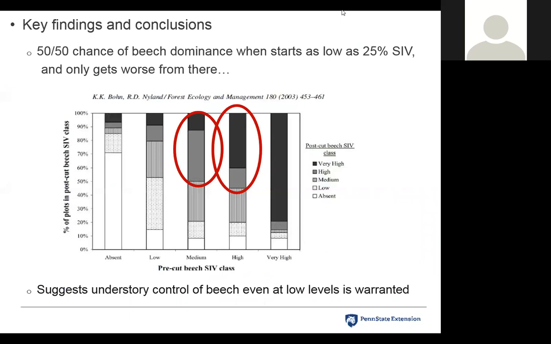And we found that even when it's as low as 25% importance value in the stand, there was a good 50-50 chance that it was going to actually become dominant and move into much higher classes in the future. And of course, the more beech you have to start with, the more you're going to end up with. And I think that's still evident today, and probably more so today.